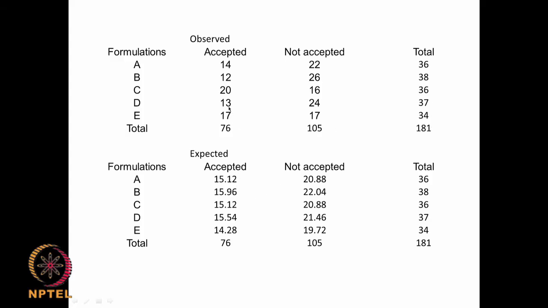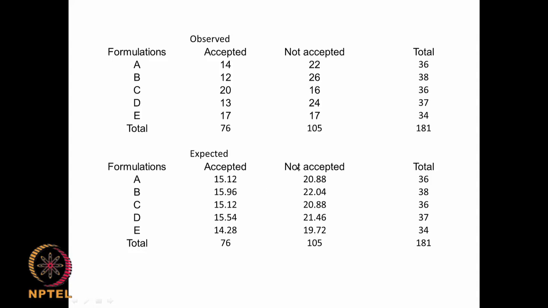For D, 76 divided by 181 multiplied by 37, and for E, 76 divided by 181 multiplied by 34. For not accepted, we do 105 divided by 181 into 36, 105 divided by 181 into 38, 105 divided by 181 multiplied by 36, 105 divided by 181 into 37, 105 divided by 181 into 34.